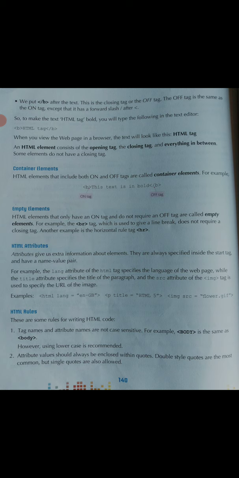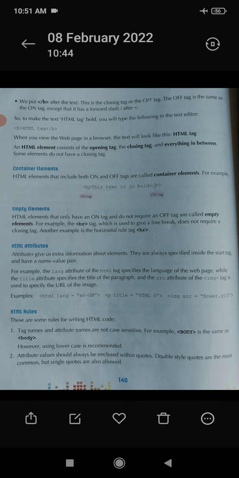Look at the paragraph: attributes give us extra information about elements. So what do we mean by attributes? Attributes give you extra information about your elements, that is, about your container elements and your empty elements. Clear, students?